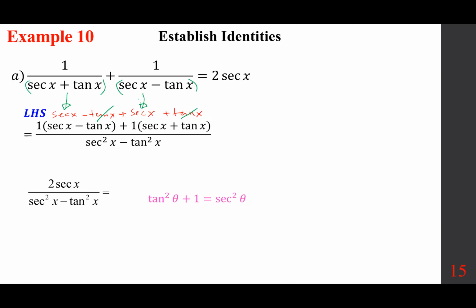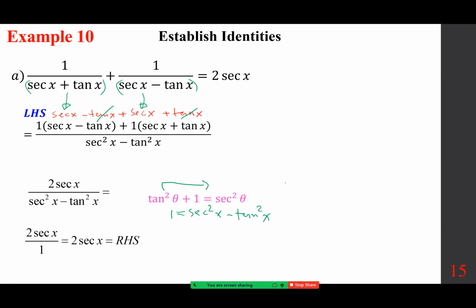And therefore, if I move the tan squared to the right, I get secant squared minus tan squared equals 1. So if the denominator is 1, the answer is 2 secant x, which is the right-hand side. So we just proved it.